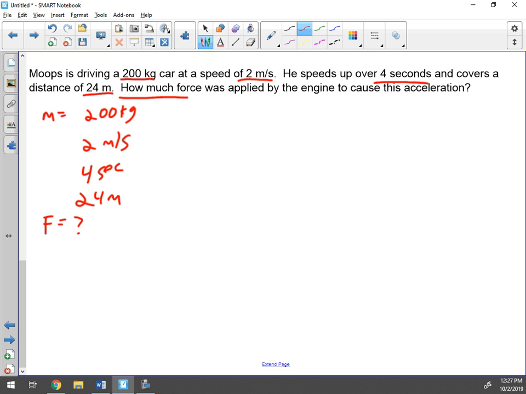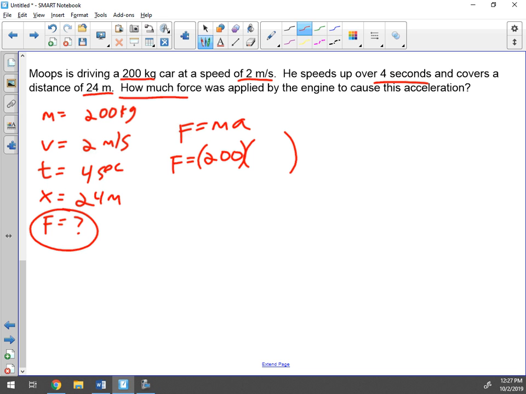Kilograms, once again, is a mass. Meters per second is our velocity. Seconds is, of course, a time. And 24 meters is a distance. So just like the last problem, I'm trying to find the force. So I'm going to use the equation F equals ma for our force. I know the m is 200, but I don't have a.